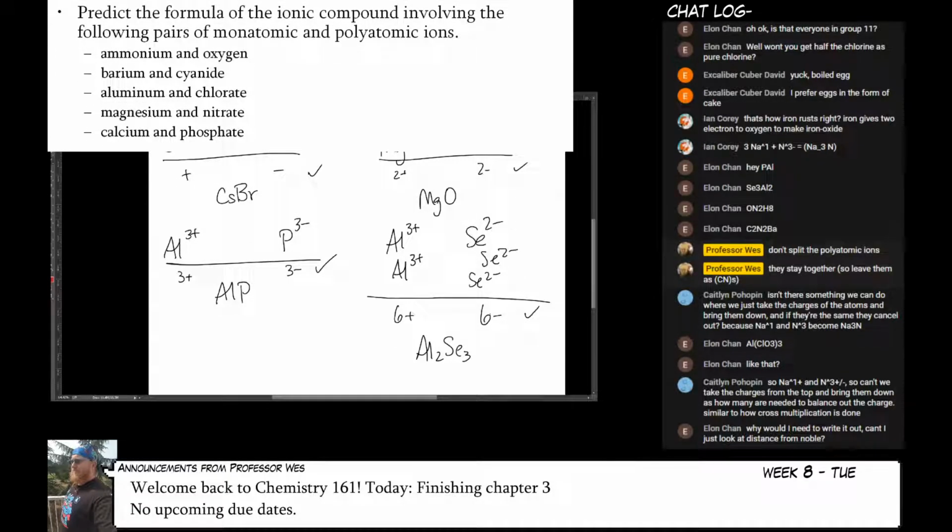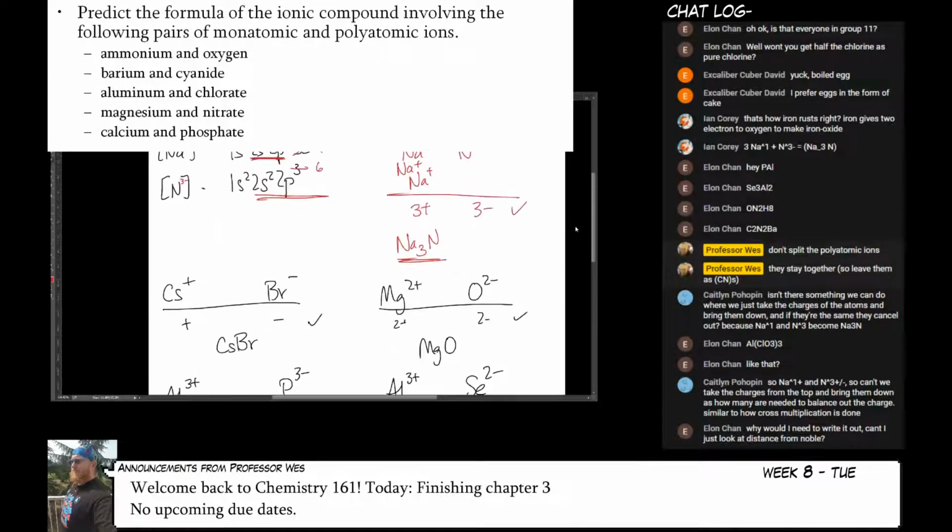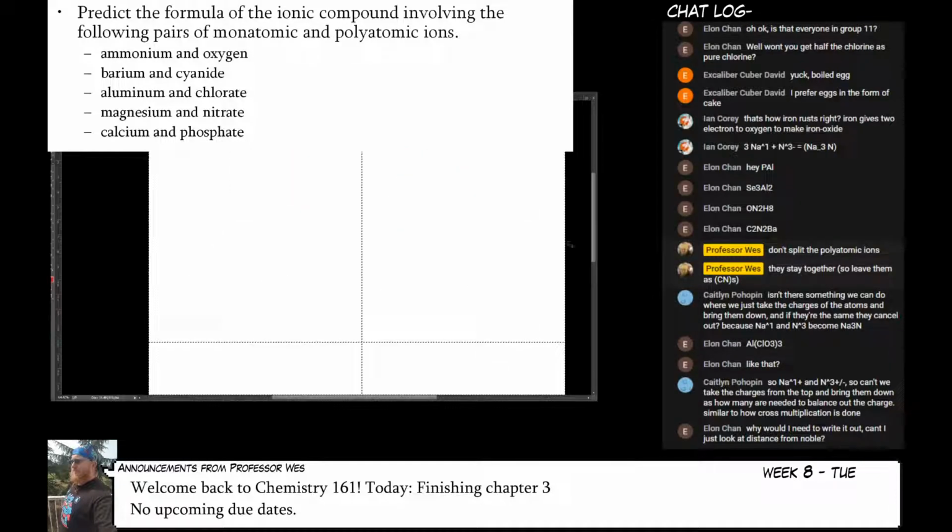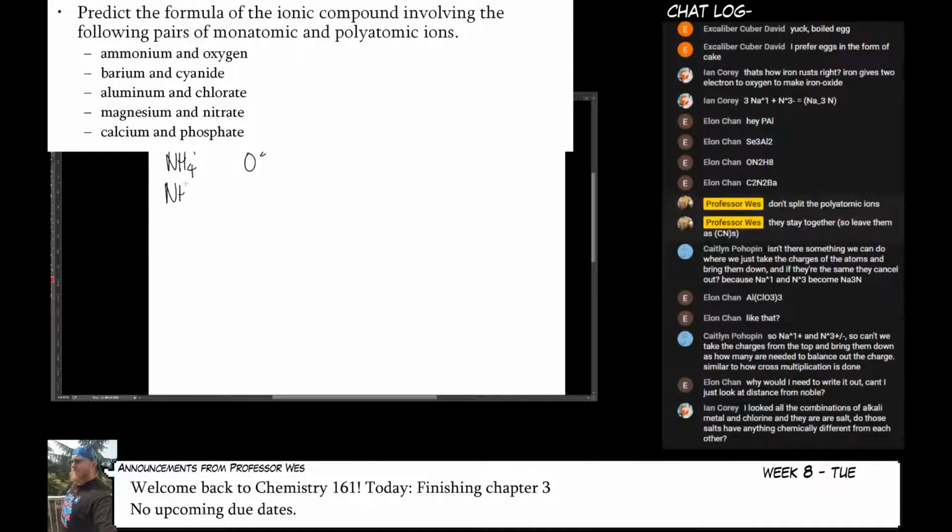All right, and then for the last bit here, well, I ran out of space. So we've got ammonium and oxygen. Oxygen makes the O2 minus ion. This is ammonium. I need a second one of these.